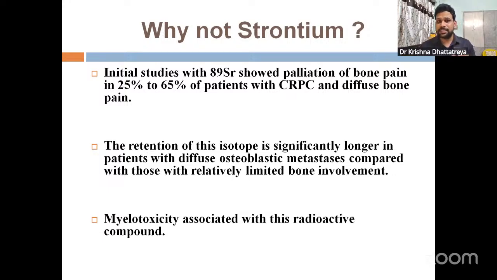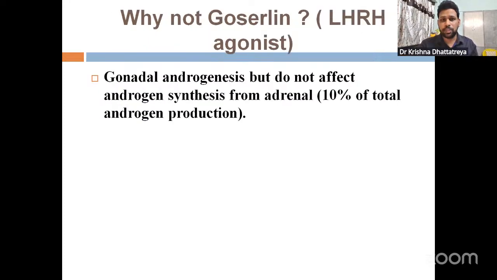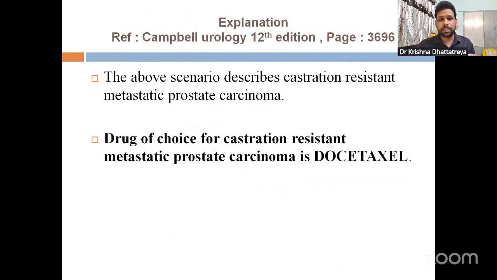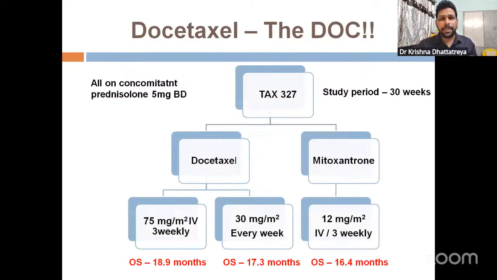So we have discontinued strontium. In its place, we are using radium 223, or we also use zoledronic acid and bisphosphonates. Those are better for the palliative treatment of bone pain. Okay, so these are the other options in this question. I hope I am clear.